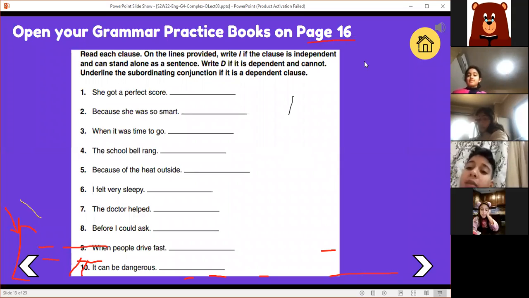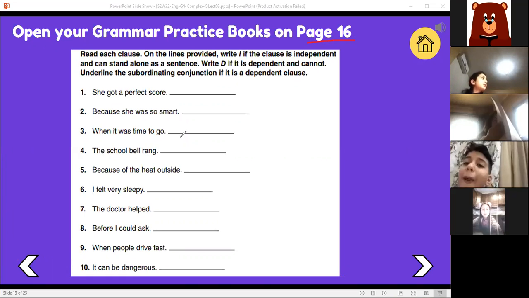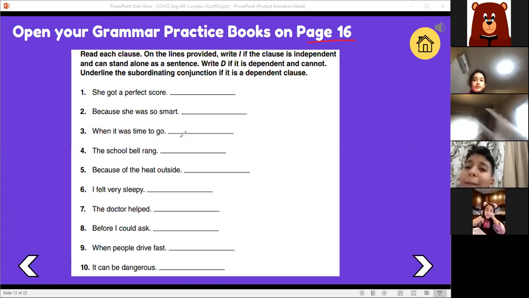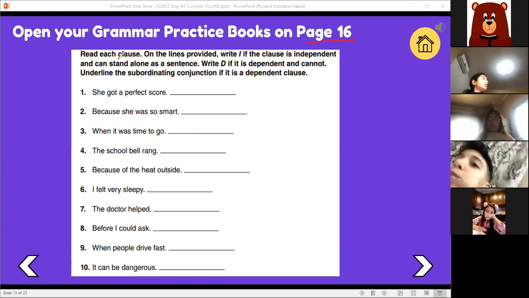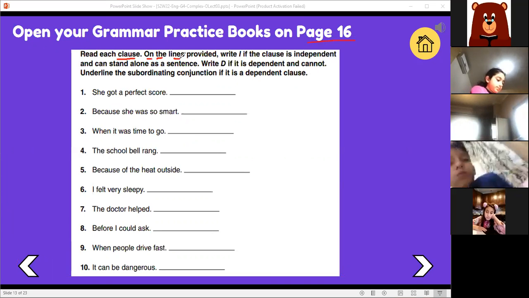Now you can open page 16, please. I don't have the grammar book. Yes, I'm going to ask Rev. Yalla Rev. Read each clause on the lines provided.